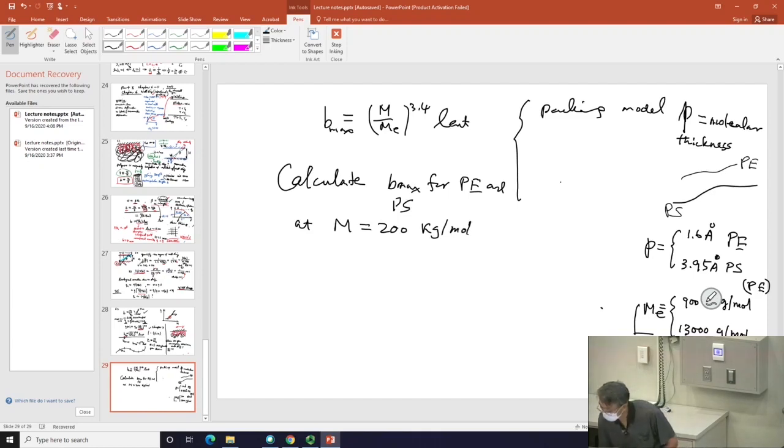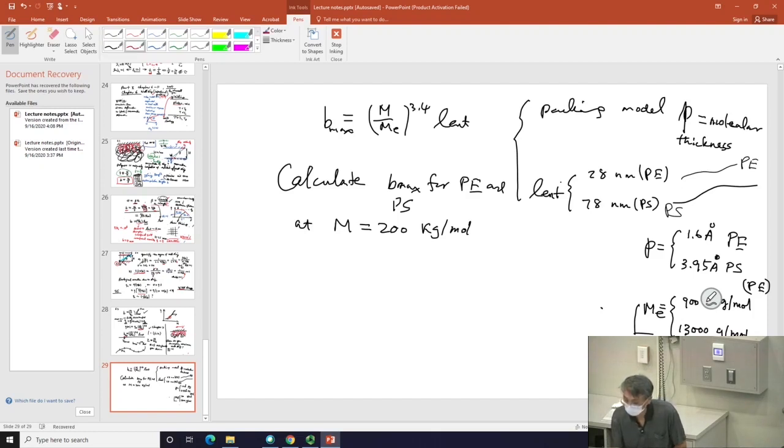I can further tell you that the spacing between entanglements, for the same reason, because P is different, is about 28 nanometer for polyethylene and about 78 nanometer for polystyrene. So calculate the maximum B for these two polymers.